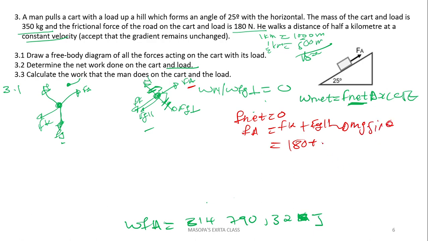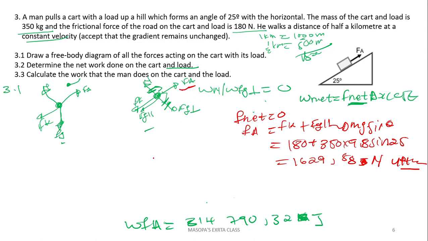Then you're going to say 350 times 9.8 sine of the angle of the incline, 25, and then you will be able to get 16,629.58 newtons. And remember that is a vector, so we say up the incline, so that you can know where it's going. The free body diagram also states that.